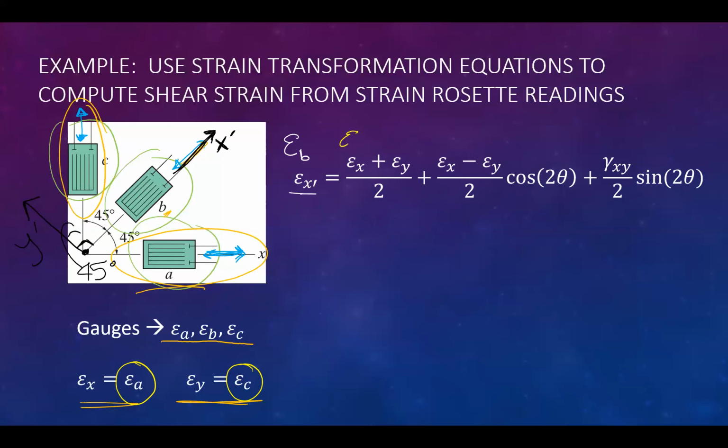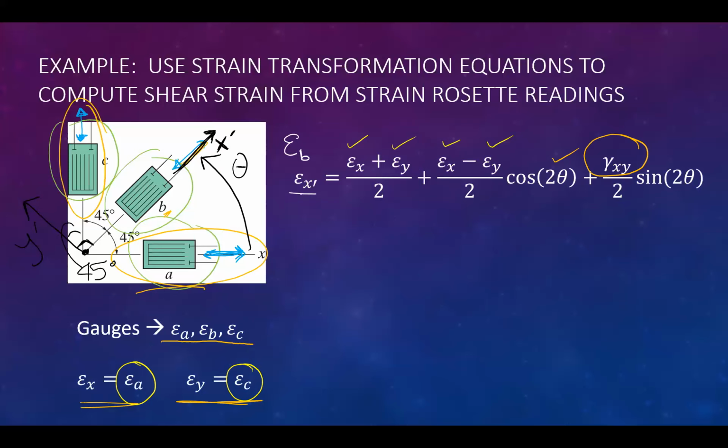So we can put strain A in these locations, strain C in these locations, and we know that the angle from X to X prime is what we're going to use as theta. So we have that. The only thing that we don't have is gamma, and that's what we want to solve for. So let's go ahead and fill all this information in.